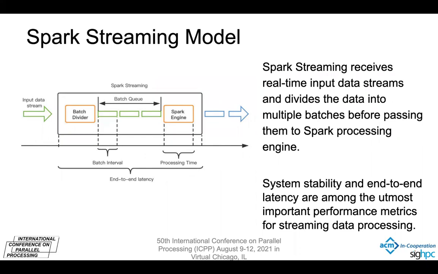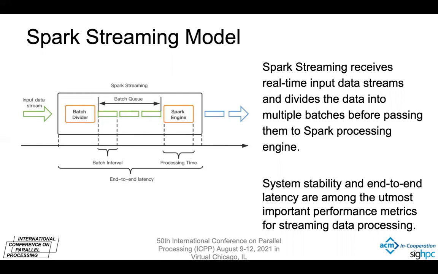As one of the most popular systems for streaming data processing, as shown in this slide, Spark Streaming applies a batch-based interval which receives real-time input data streams and splits data into multiple batches, each of which is processed by Spark engine as a regular Spark job. System stability and end-to-end latency are among the utmost important performance metrics for streaming data processing.